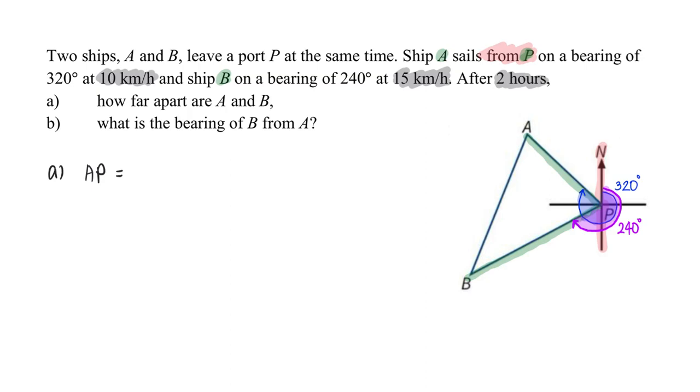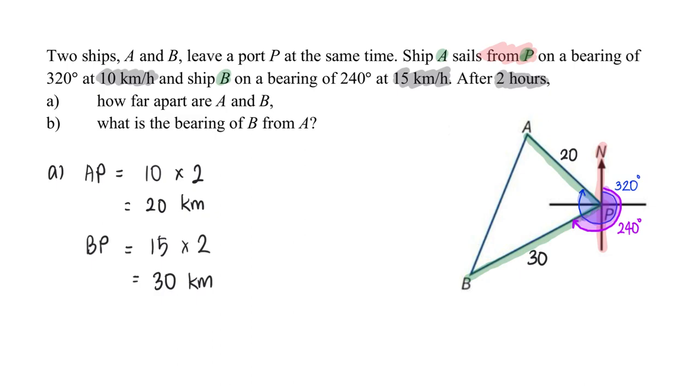I hope you all remember, to find distance, it is speed times time, so 10 times 2, giving me 20 km. As for the distance BP, speed is 15, time is 2, so it will be 30 km. So it will be 20 here and 30 here. And with all this information, we can then proceed.